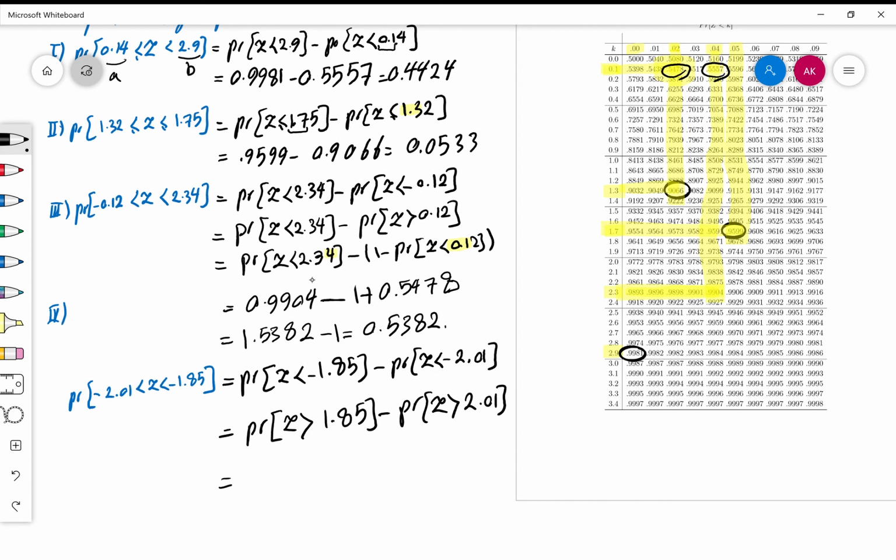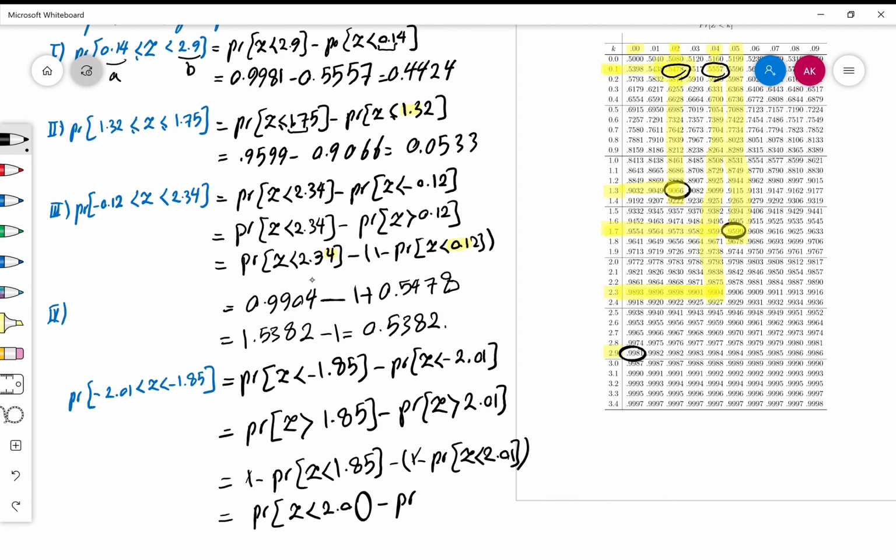Remember, z bigger than can be turned to the probability of z less than, but we have to do 1 minus that. So this is 1 minus the probability of z less than 2.01. And then you see this one cancels with that. Then we have basically the probability of z less than 2.01 minus the probability of z less than 1.85.